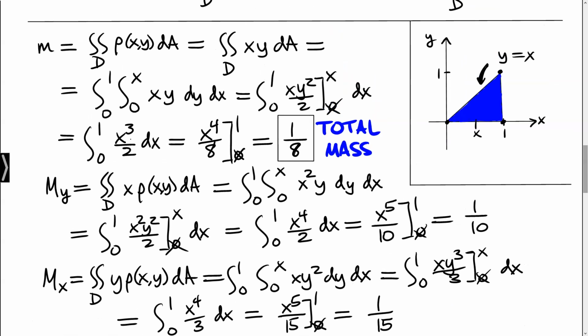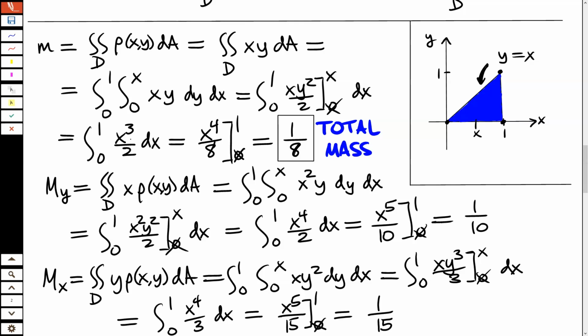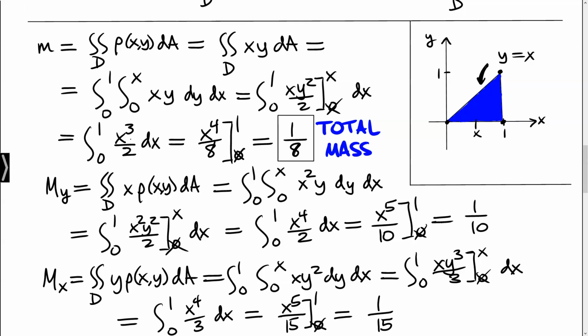So that's going to be roughly about here. 4/5 is going to be about there. 8/15, I'm guessing right about somewhere around there, which seems to make sense. It's roughly in the middle, but it's more slanted to the upper right corner of this triangle, which makes sense because there's more mass over there. There's almost no mass in the lower left corner, and most of the mass is in the upper right corner. So that seems like a reasonable answer.